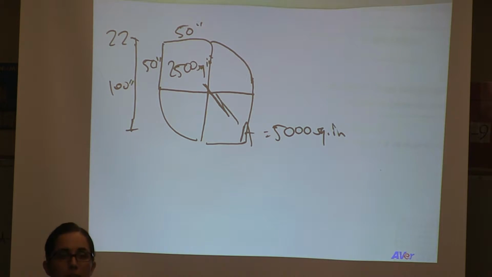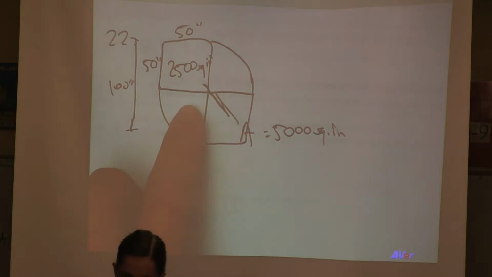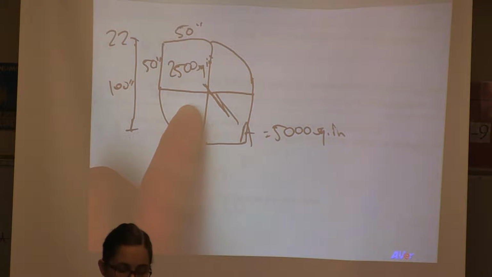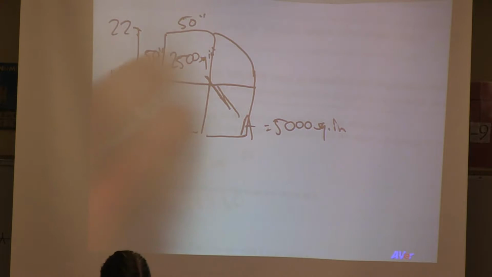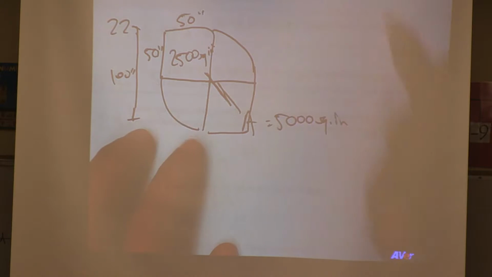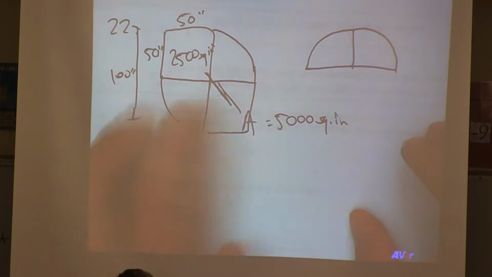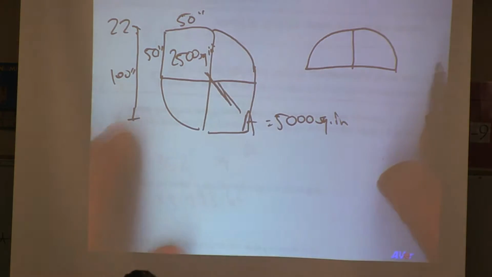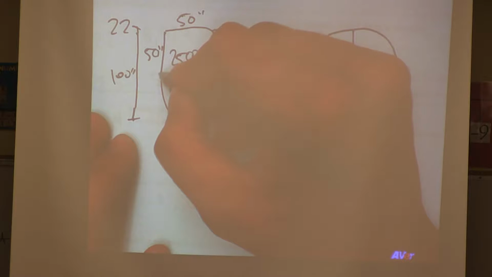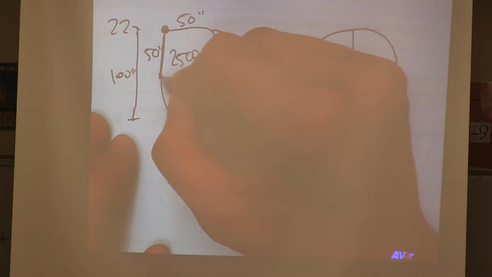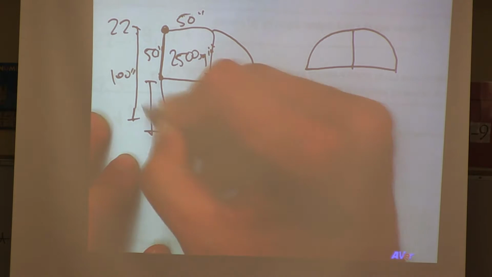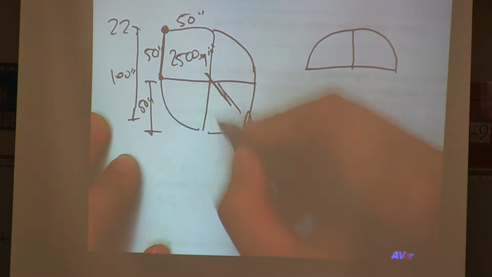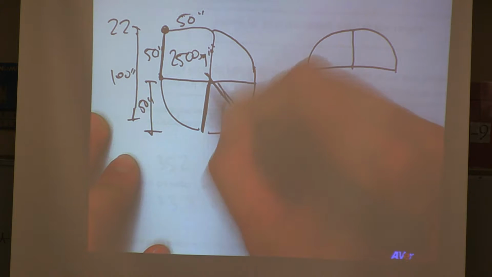The part that was a little trickier was finding these quarters of a circle. If we visualize, if I swapped these two, then these two pieces would make a half circle, a semicircle. I also know that if this part is 50, then this bottom section has to be 50 as well, which means that's the radius of my circle.